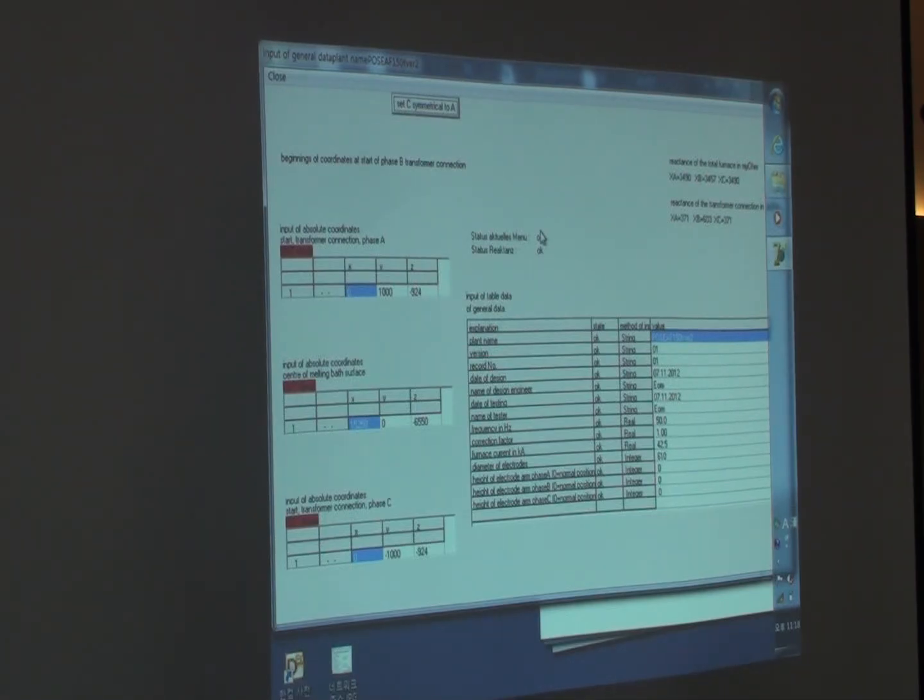This is good advice from me to you. Try to make a standardization and compare with actual melting furnaces in your own company. Okay.